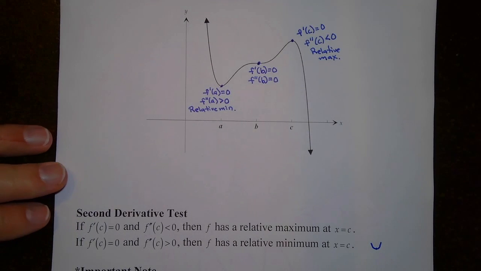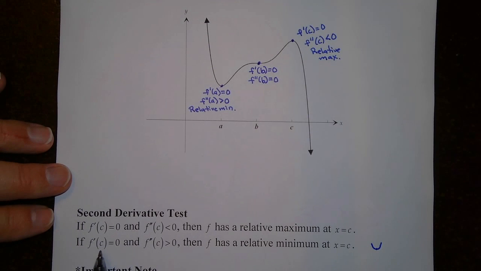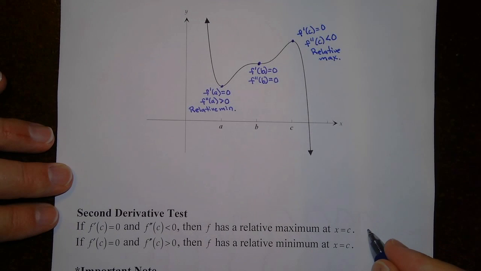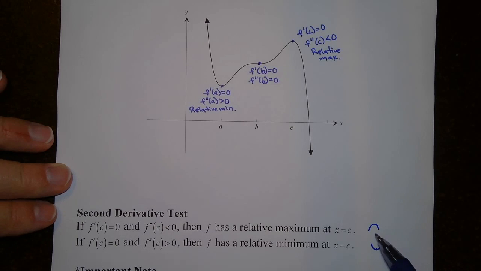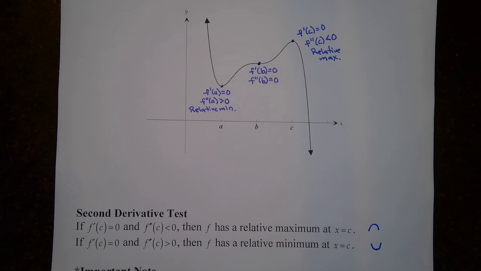I always think of a parabola. So horizontal tangent, concave up, which means you have to have a relative minimum at that x value. And this one would be concave down, so it would look like this. That's what I was trying to do with my hand to show you, but I can't do that with the camera. I usually do that when I'm facing you guys.